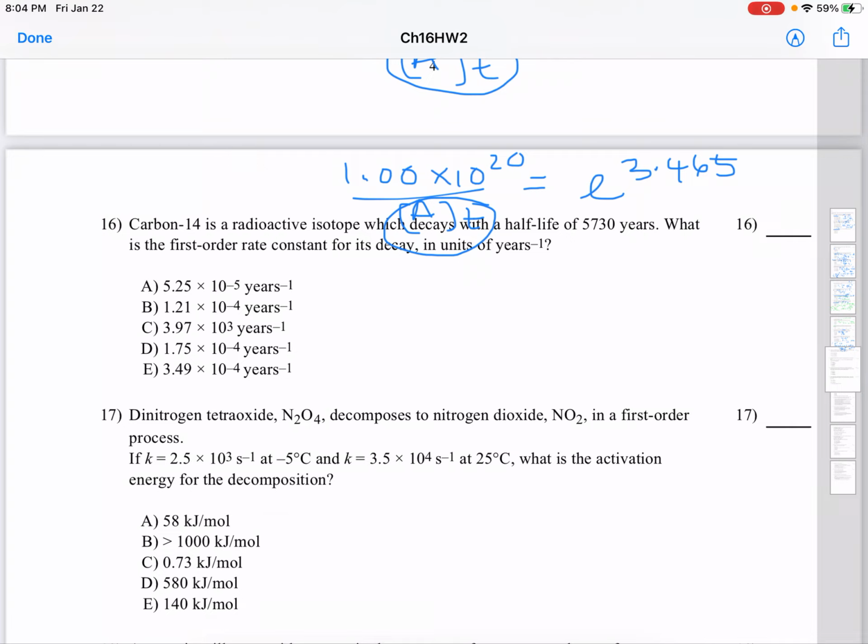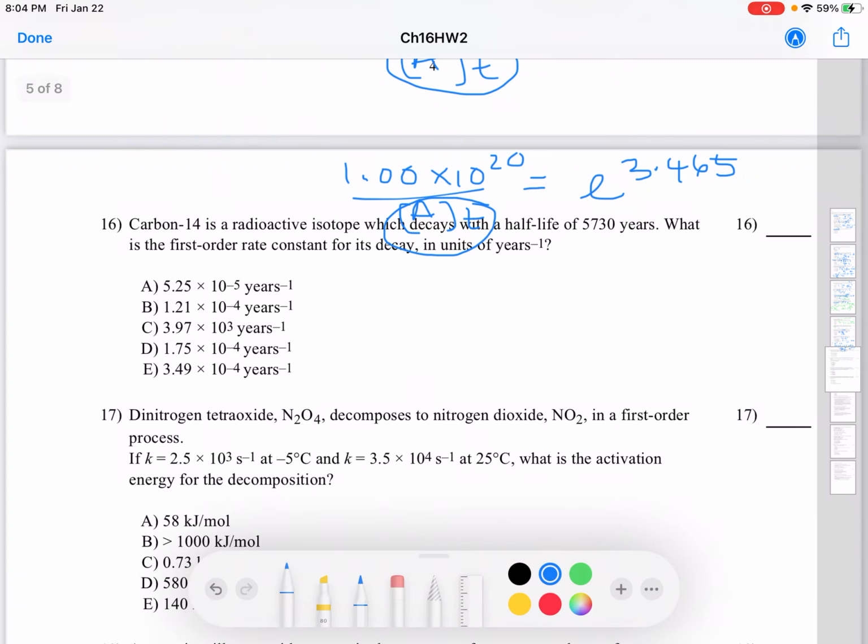Okay, number 16. Carbon-14 is a radioactive isotope which decays with a half-life of 5,730 years. What is the first order rate constant for its decay in units of per year? Again, you can use the half-life. It's easy, straightforward. You just have to write t half equals ln 2 over k.